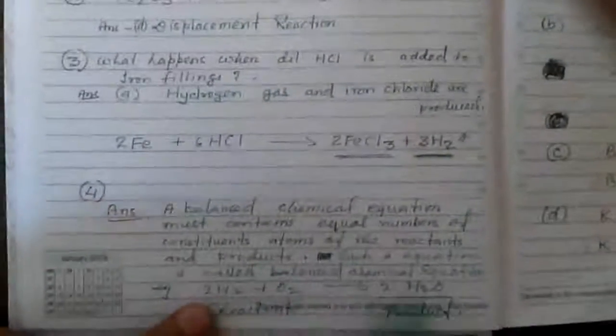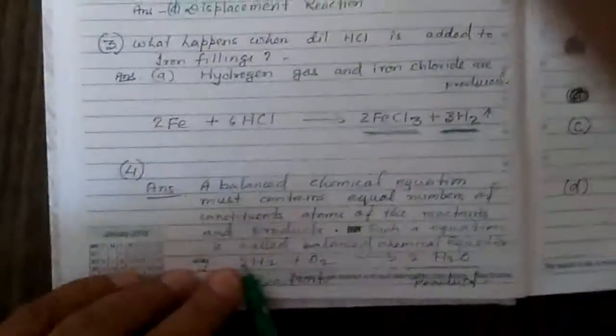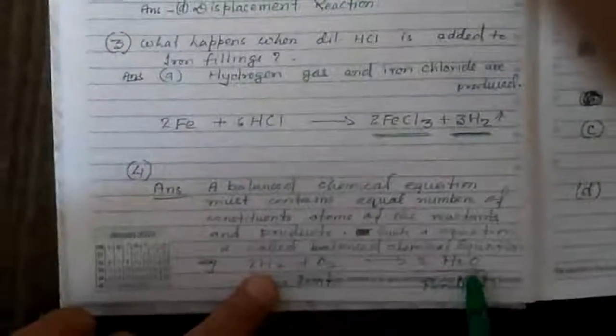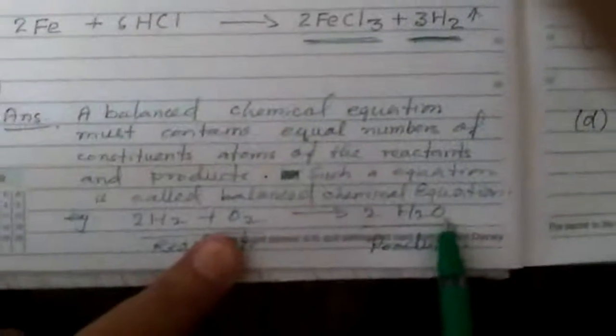When we calculate the number of atoms, hydrogen: one molecule has 2 atoms, so 2 molecules give 4. In water there are 2 molecules each containing 2 hydrogens, so 2 into 2, 4 again. Oxygen is 2 here, and 2 here. So in this way the number of constituent atoms is equal.